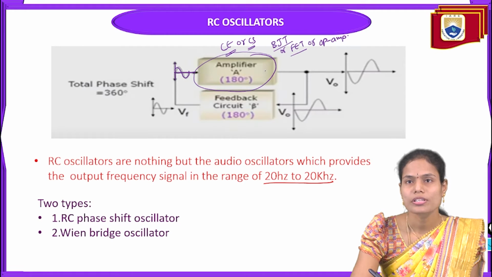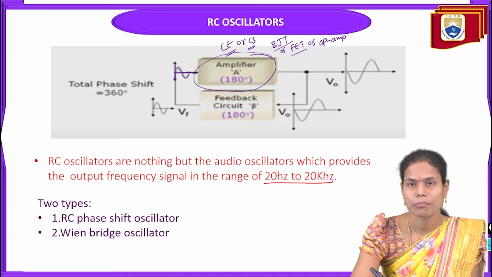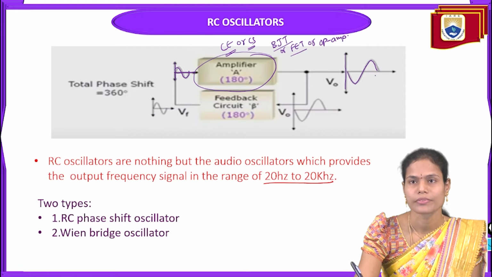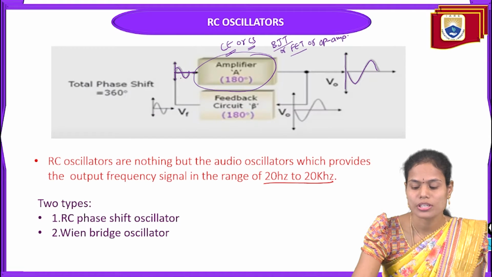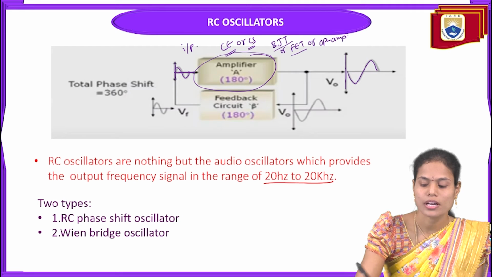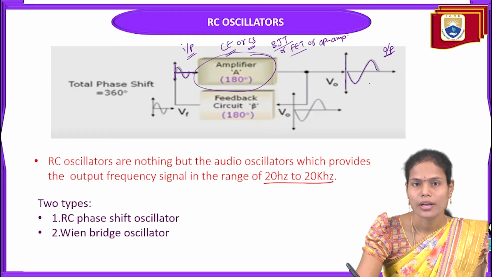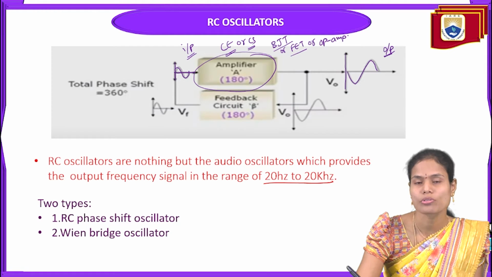Since it is a common emitter or common source amplifier, it provides the 180 degrees phase shift. That's why across the output of the amplifier we get the 180 degrees phase shifted signal, and the amplitude value is increasing. If you observe the input waveform as well as the output waveform, the amplitude value is increasing, and at the same time a 180 degrees phase shift is introduced in the output signal.